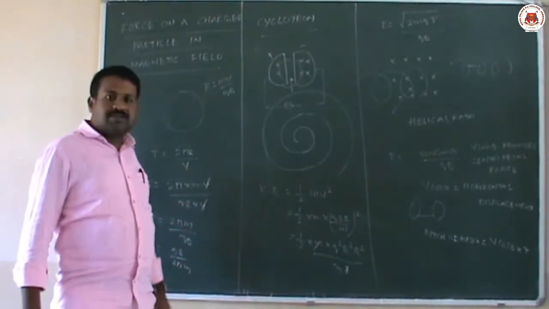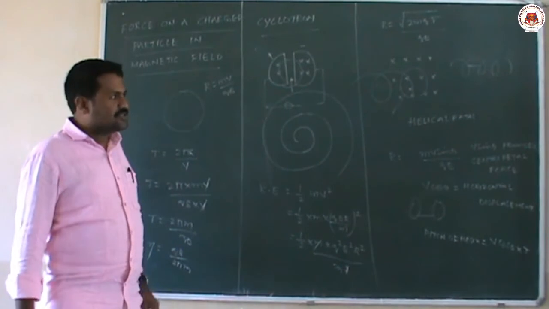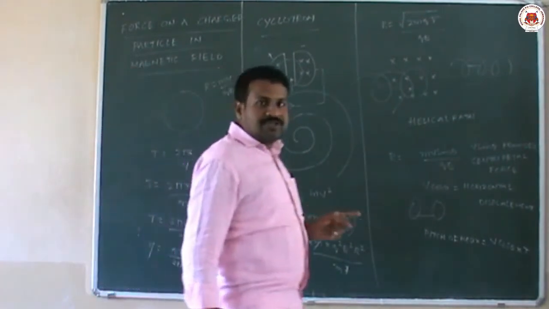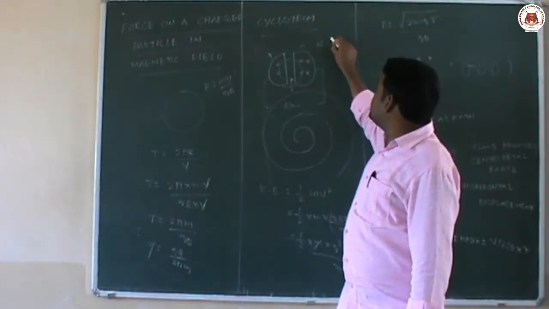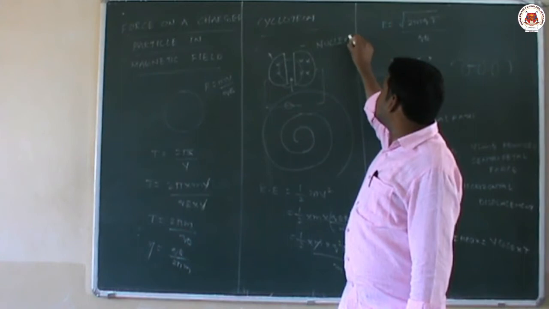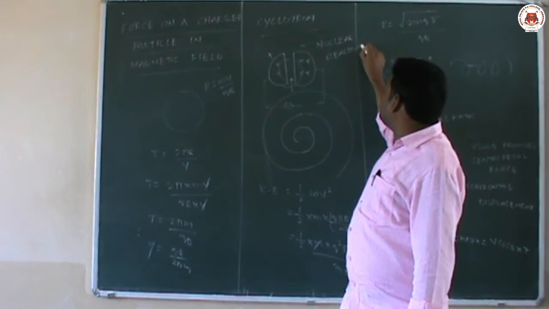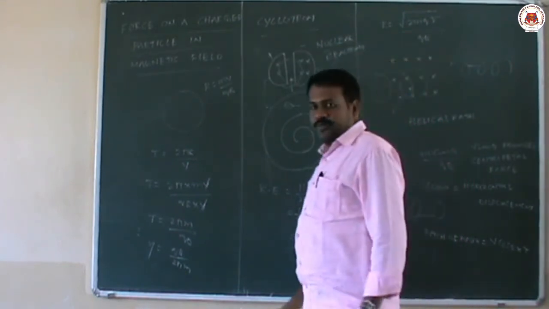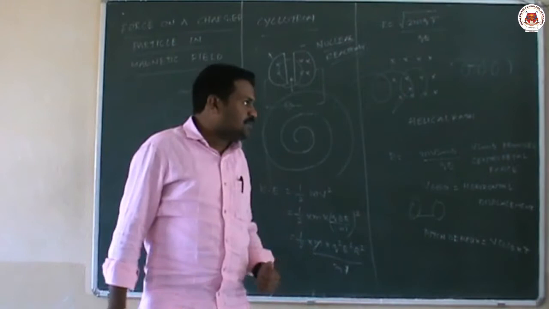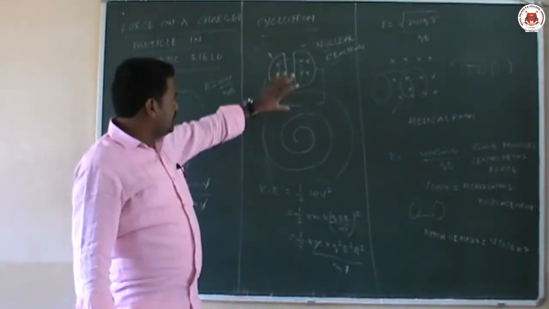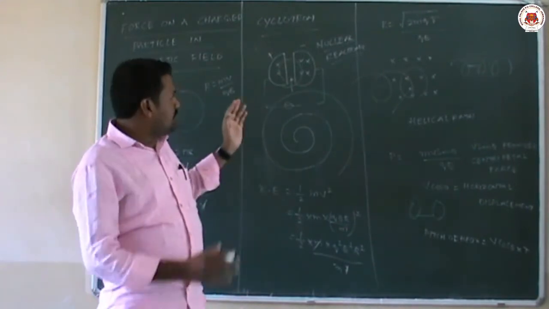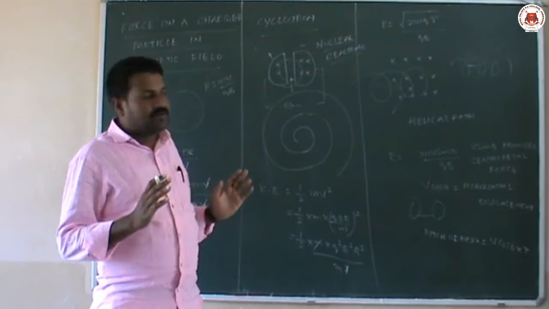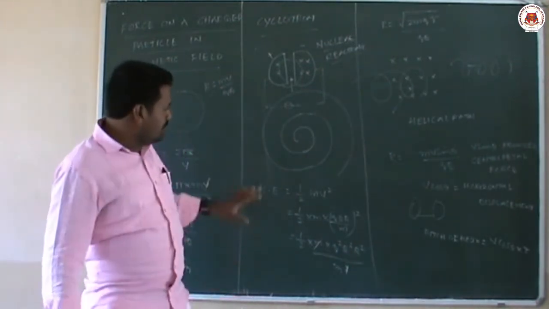So when kinetic energy increases, these accelerated charged particles are developed and they are used in nuclear reactions, in nuclear bombardment. Everything is enclosed in a wooden case or a plastic case. This is a device.